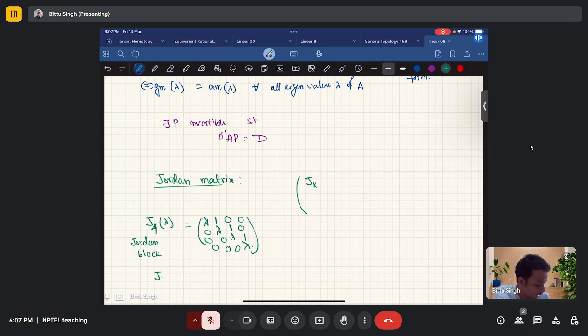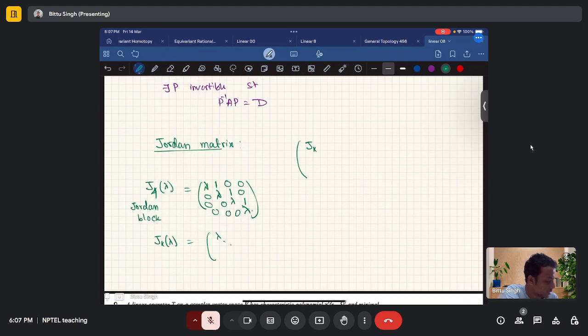Similarly, any J_k of lambda takes this form: diagonal entries are lambda, and just above the diagonal there will be 1s.